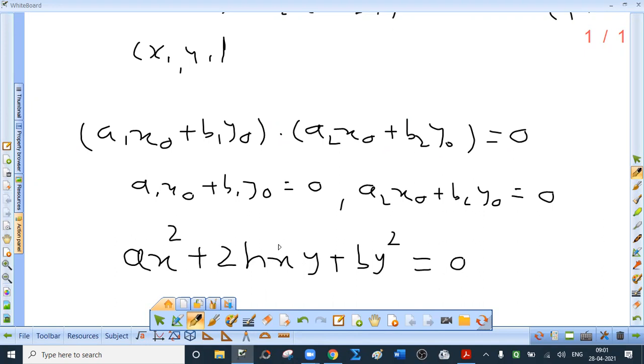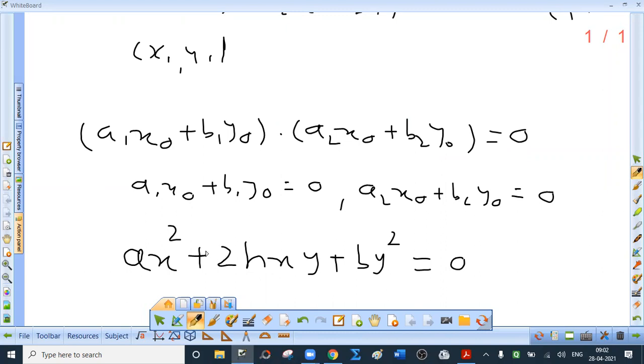Because in case of circle also, we consider the equation as x square plus y square plus 2gx plus 2fy plus c equal to 0. Is it wrong if we just consider g and f? No, that is also correct. But if we take 2g, 2f, then we can obtain center and radius easily.